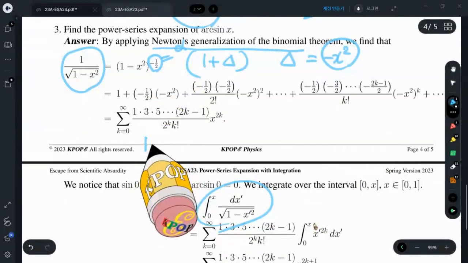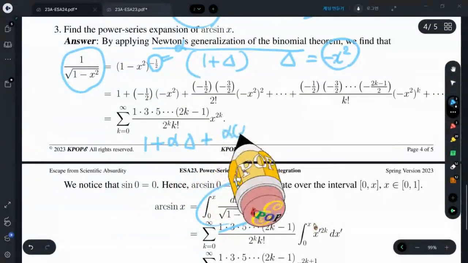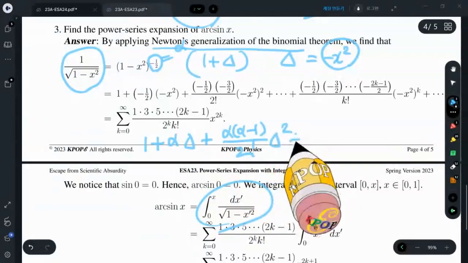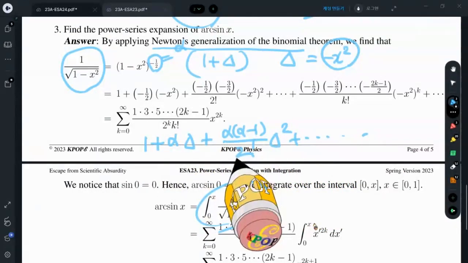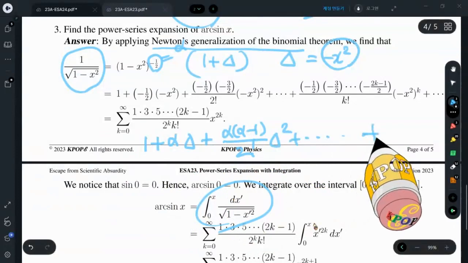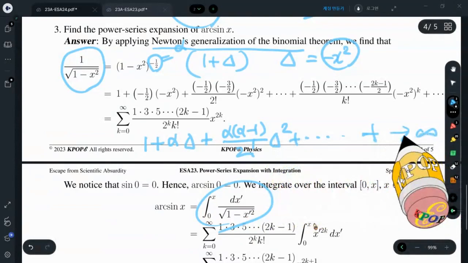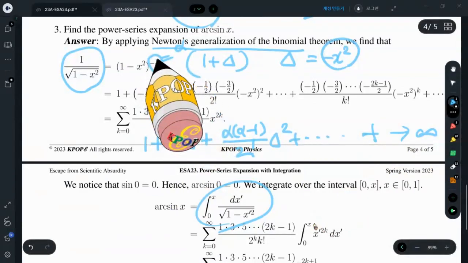The expansion will give 1 plus alpha delta plus alpha times alpha minus 1 over 2 factorial delta squared, and so on. The formula is identical to the binomial expansion, except that this series does not terminate. It must go to infinity, while the binomial expansion stops at the order of this power.